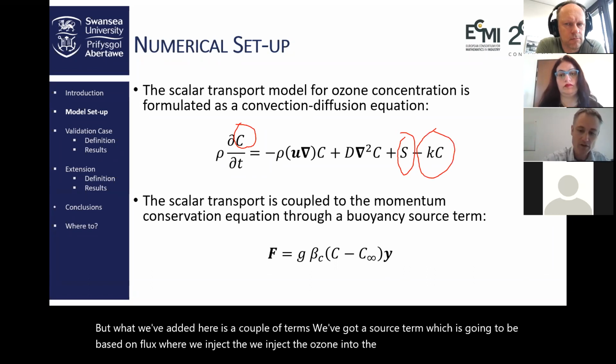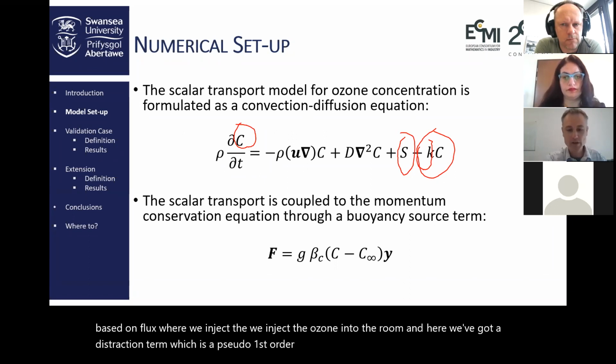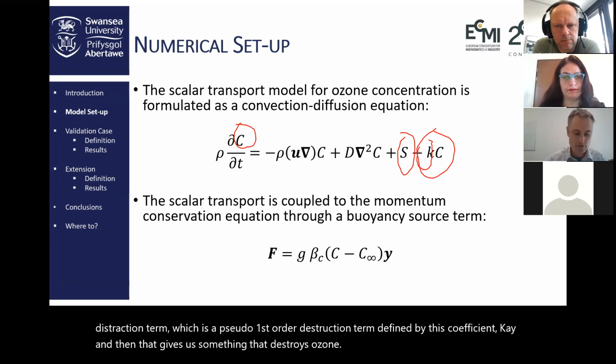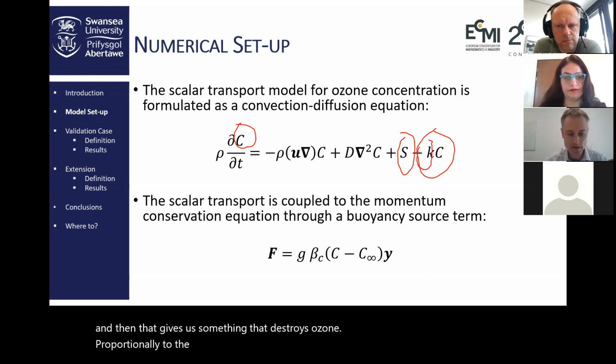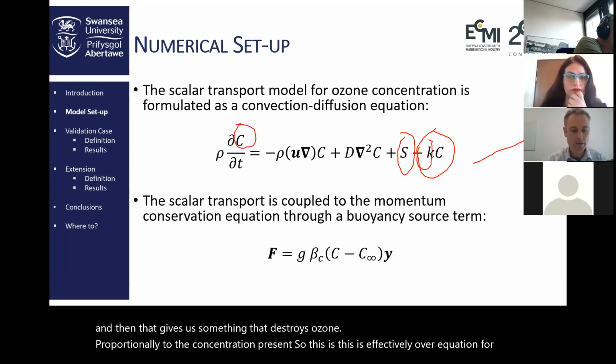And here we've got a destruction term, which is a pseudo first order destruction term defined by this coefficient K. And that gives us something that destroys ozone proportionally to the concentration present. So this is effectively our equation for the transport model.